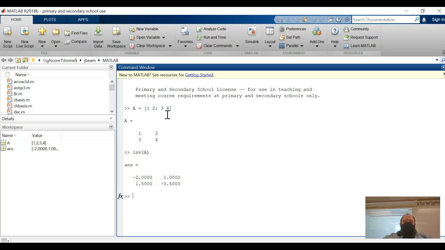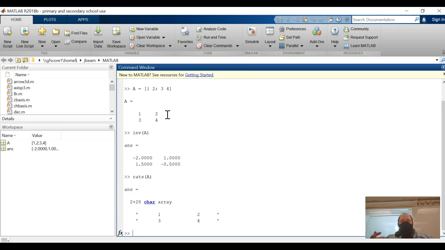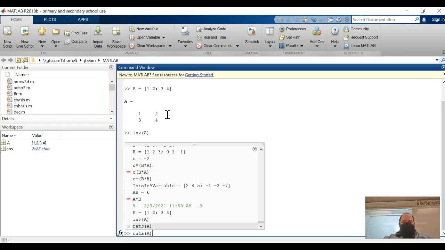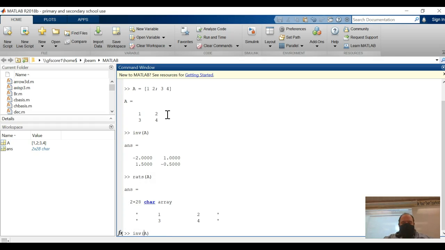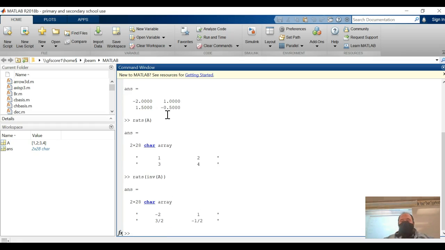Exactly what I expect. And remember, you can always use rats on the inverse of A and get the fractions there.